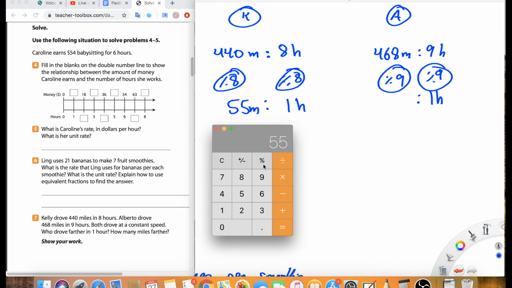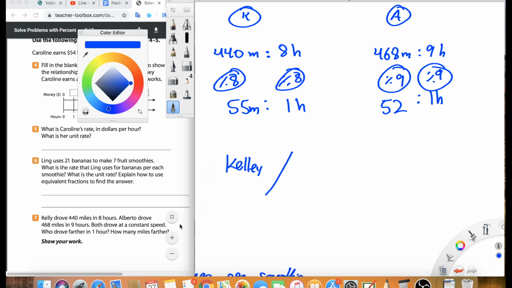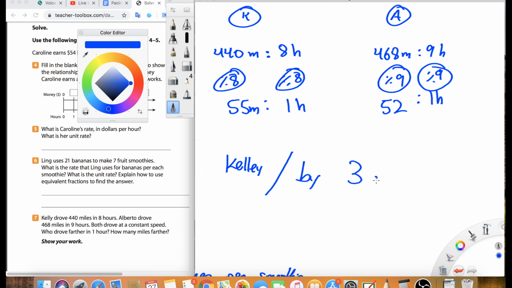And the next one, it's 468 divided by 9, and we get 52 miles. So who drove farther in 1 hour? Kelly drove farther in 1 hour. Then the second question, how many miles farther? 55, 52, the difference is 3 miles.